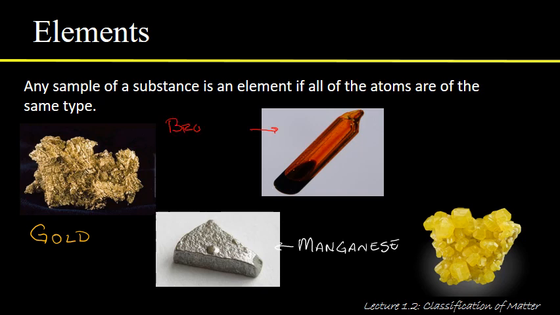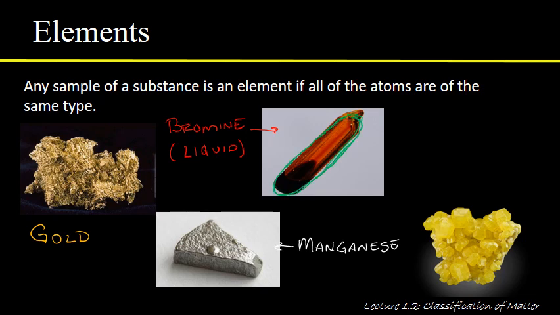bromine. Bromine is interesting because there are only two elements that are liquids, bromine and mercury. It's kind of hard to tell from this picture. It looks like it's just sort of a weird colored cylinder. But what this really is, is an ampule, which is kind of like a glass vial.